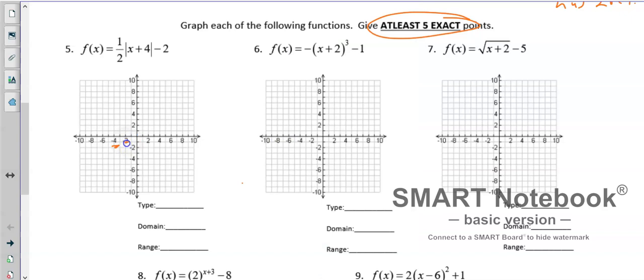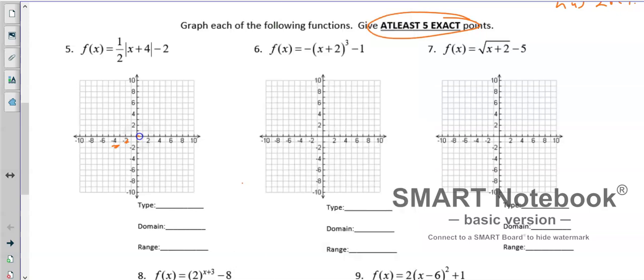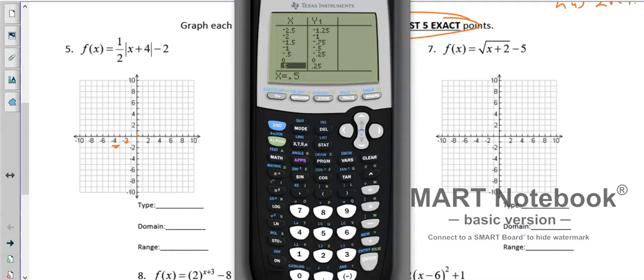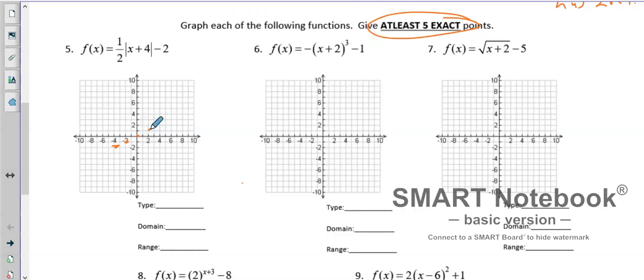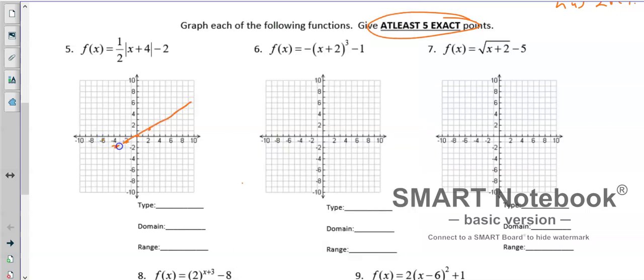Right there. 0, 0. 2, 1. And let's see where it makes the turn. -6, -1. So we have where it makes the turn and going that way.